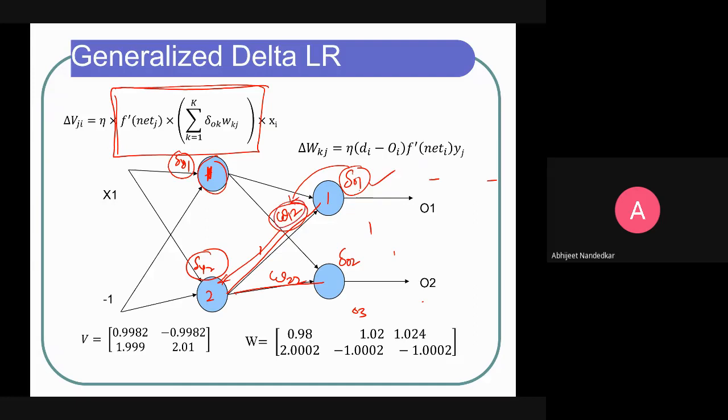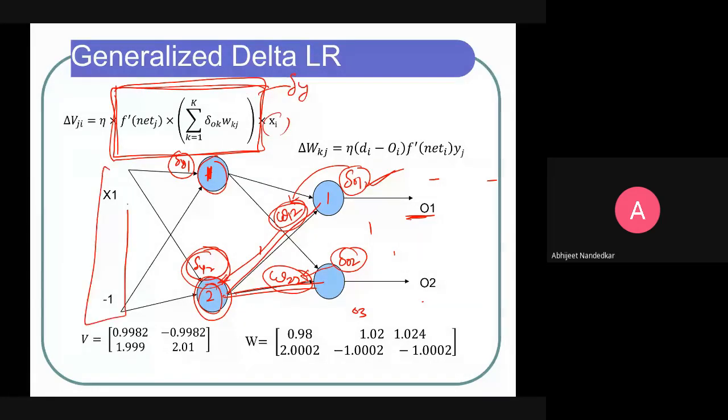If this weight is more, then the importance of this error is more. The importance of the error generated for this node is taken care of more by this node. This delta signal gets multiplied with the weight associated with this connection, and that added here gives you delta y. This delta y, multiplied with its input, will give you the change in weight here.